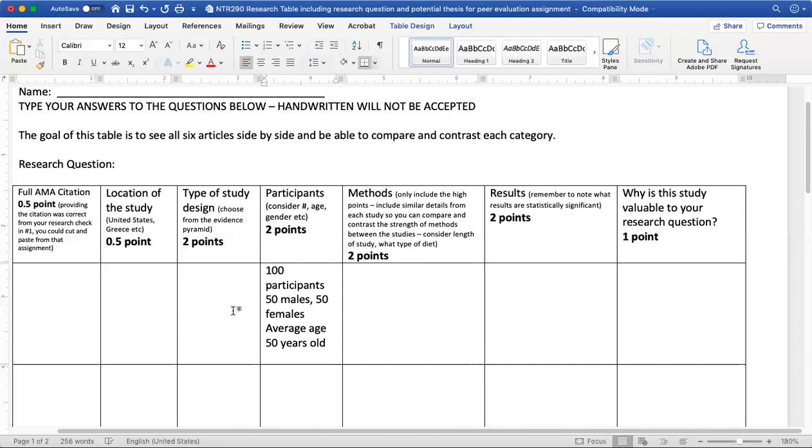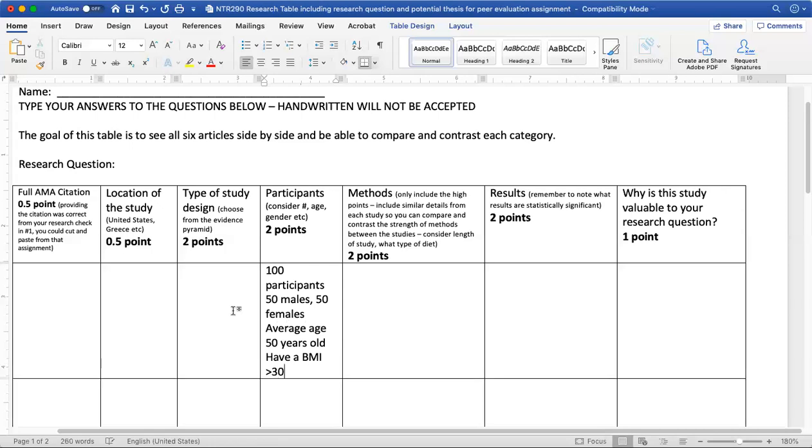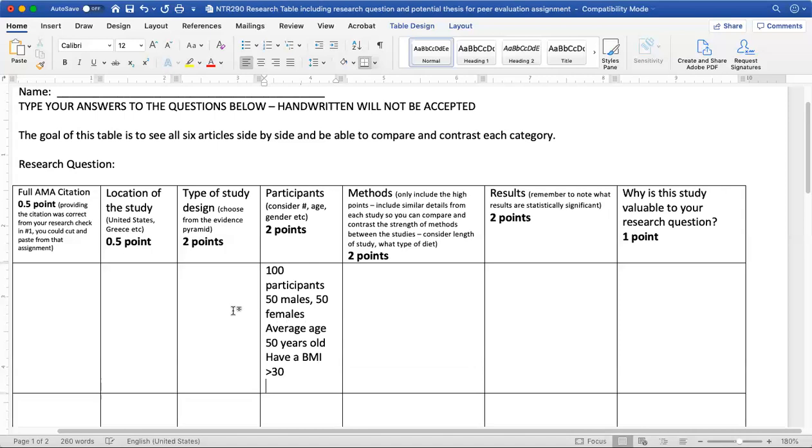Anything else that would be important? They might all have a BMI greater than 30. They might all have cardiovascular disease, whatever it might be. Just include basic key information. Again, all of this is in your own words. You are not cutting and pasting anything from the research article itself.